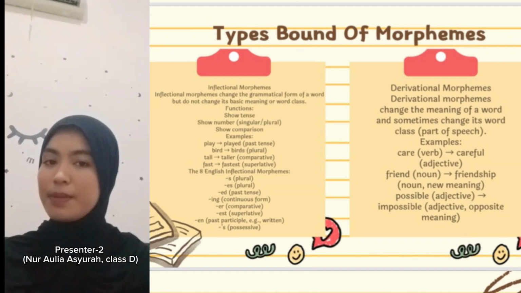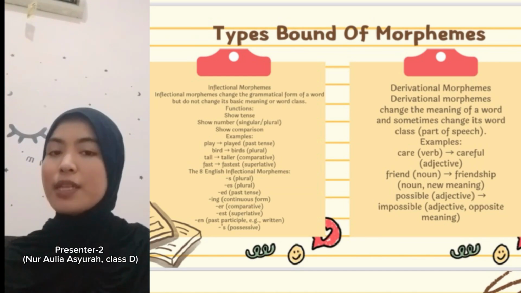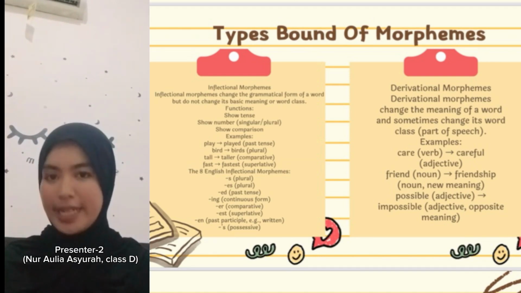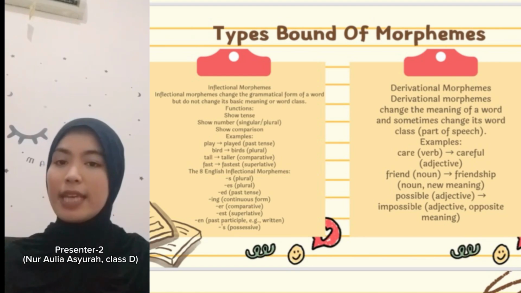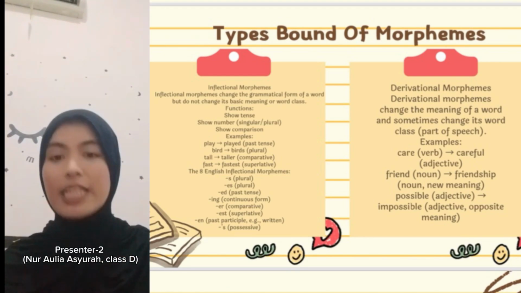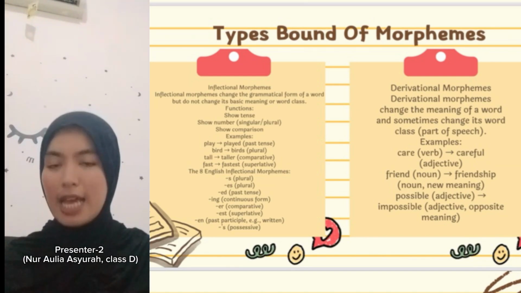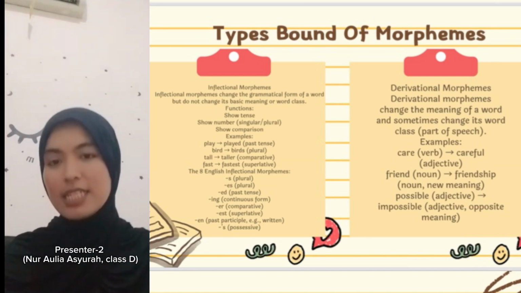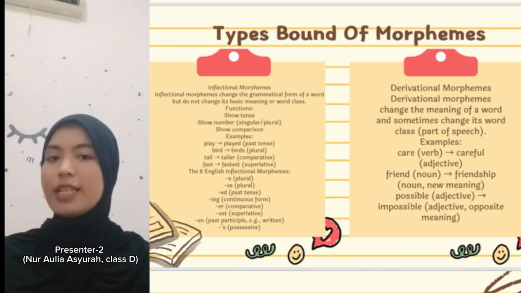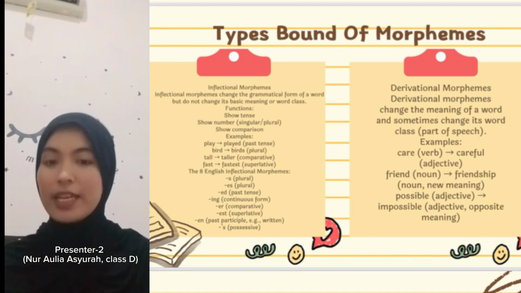Teach is a verb, and teacher is a noun. And then possible to impossible is the opposite meaning. Derivational morphemes can be prefixes, which usually change meaning, and suffixes, which often change word class. Key characteristics: first, can change word class. Second, create new words. And third, meaning may change significantly.